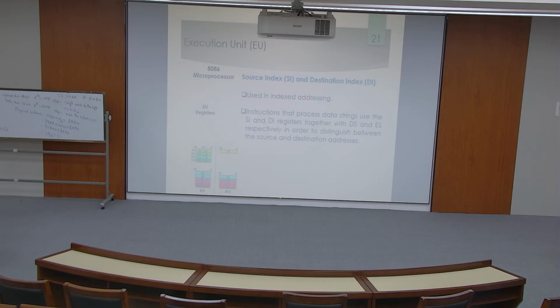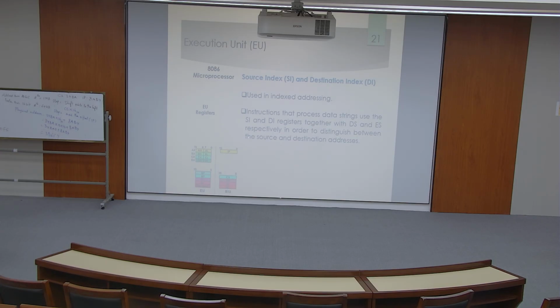Now, we are going to talk about the source index and destination index, which are used in what we call the index addressing mode. These are very important when the microprocessor is dealing with data strings.